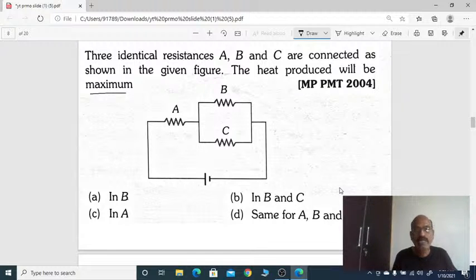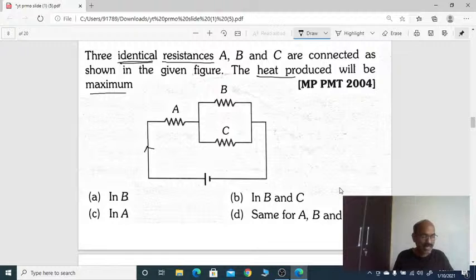Three identical resistors, this is important, a keyword you have to see. All three are identical resistors, but B and C are connected in parallel. Now see heat produced, if the current flows through this, in which resistor will heat produced be maximum?